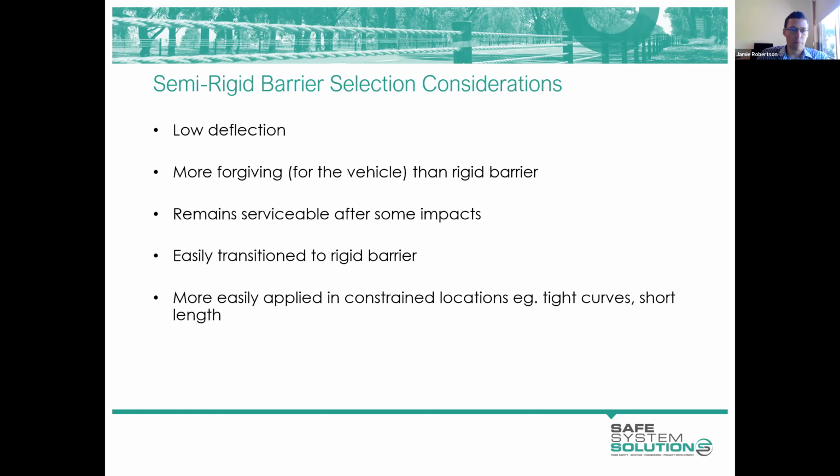Semi-rigid systems can be transitioned directly to rigid barriers, which is typically done on approaches to structures, for instance. They don't have the same limitations on them as wire rope in terms of being located on roadways with tight geometry, so short radius curves, crests and sags, and so on.